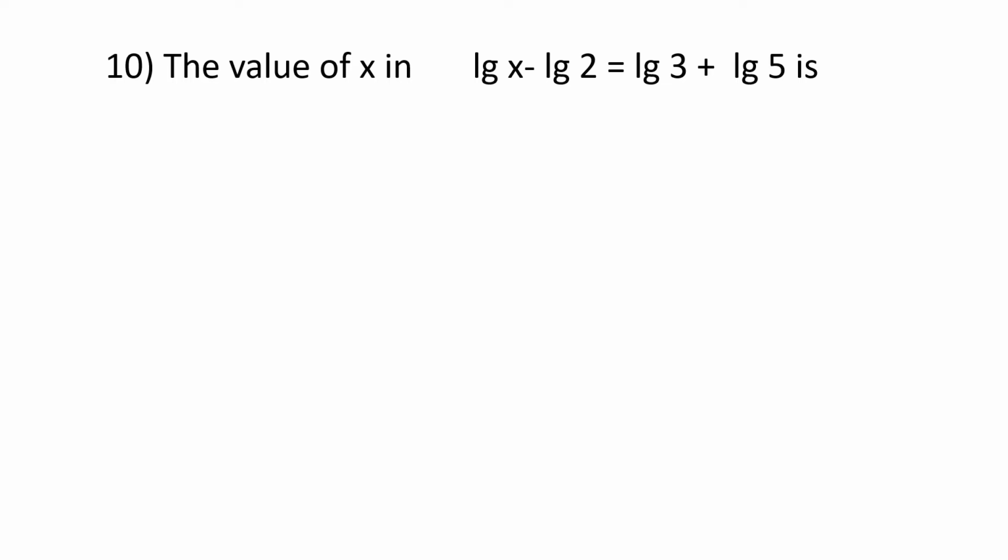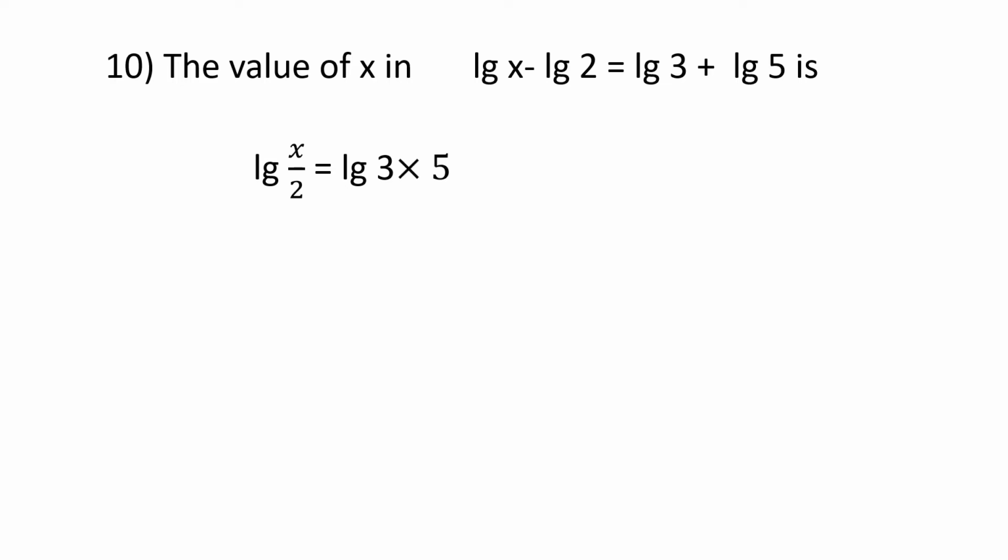So you can write it as a division of the numbers, lg x over 2. And the right hand side, it is an addition of logarithms. You can write it as a multiplication of numbers, 3 multiplied by 5. So you can write the above equation as lg x over 2 is equal to lg 3 multiplied by 5.